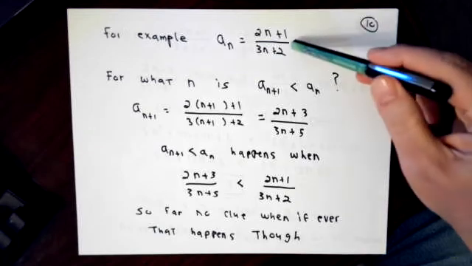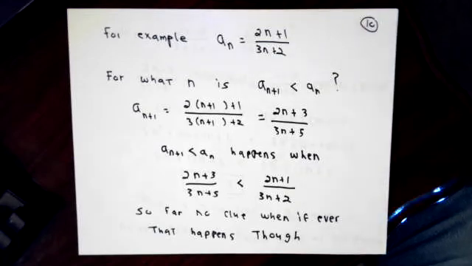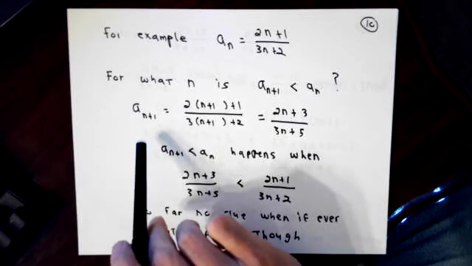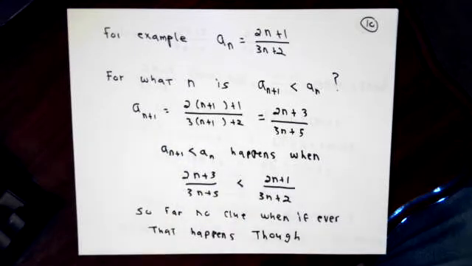So when we write this, what we mean is the way you figure out a number is that you write down a fraction. Upstairs, it's going to be 2 times the something plus 1. Downstairs, 3 times the something plus 2. So if I want to figure out what a sub n plus 1 is, the something is now n plus 1, not n.